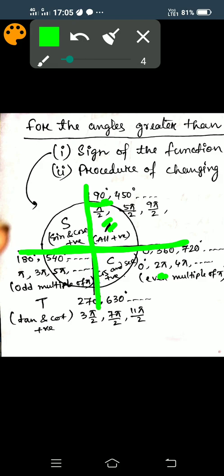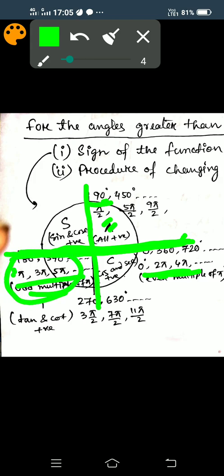So just see, if we take this one as x axis and this one as y axis, all the pi lies in the x-axis. Here all are the even multiples of pi: 0, 2 pi, 4 pi, 6 pi, 8 pi, like this. And here it will be odd multiples of pi, that means 1 pi, 3 pi, 5 pi, 9 pi, and like this.